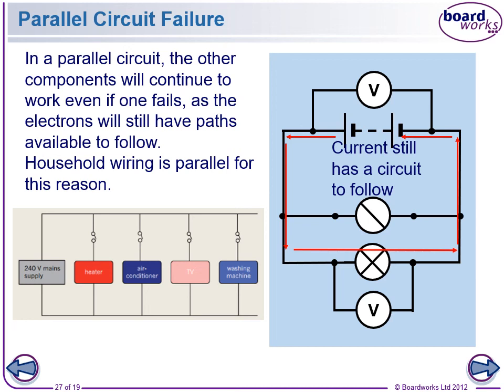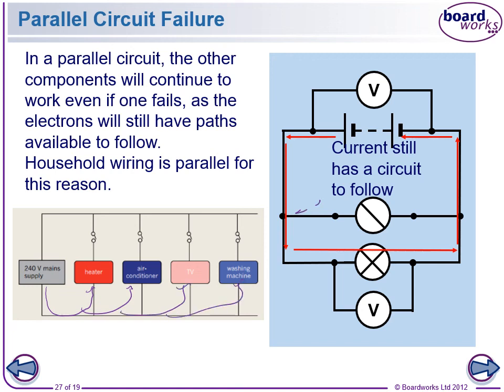If you consider all the appliances plugged into your house, if they were all connected in series, turning one of them off would make everything else not work, because that would be where the current stops, at the appliance that's turned off. So you'd have to have everything running all the time and hope nothing broke. Instead, we have things running in parallel, as you can see in this diagram here. We have our main supply, so our current can go through any or all of these paths.